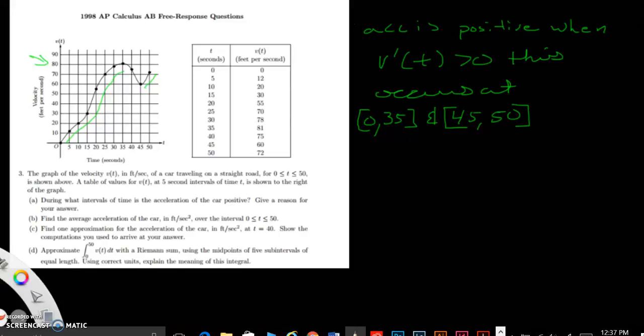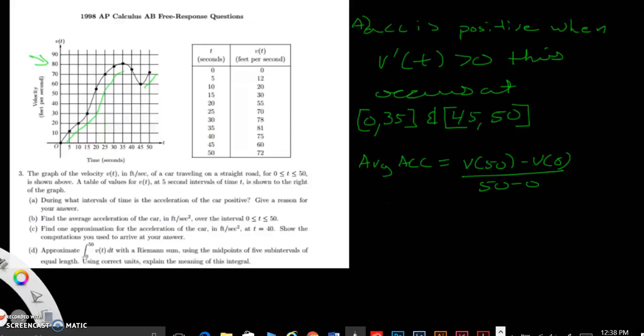Okay, part B now says find the average acceleration of the car in feet per second squared over the interval t between 0 to 50. So all we're going to do over here is average acceleration is going to equal v of 50 minus v of 0 over 50 minus 0.